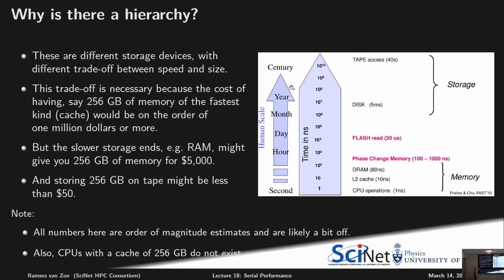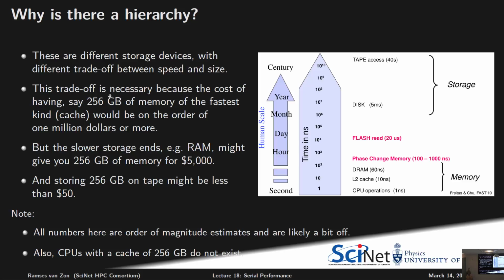Now, this hierarchy exists so we don't just have one big von Neumann memory, because it's basically way too expensive to make everything as fast as possible. I did a back of the envelope calculation that if you wanted to get your fastest possible memory, the cache level memory, and you wanted 256 gigabytes, you'd probably pay about $1 million. Now, nobody's going to buy a $1 million memory chip, and so nobody makes those, right?